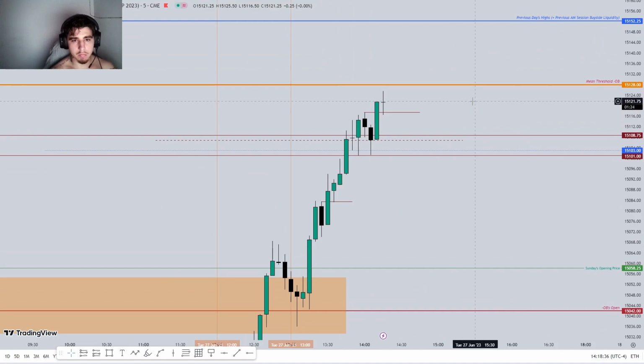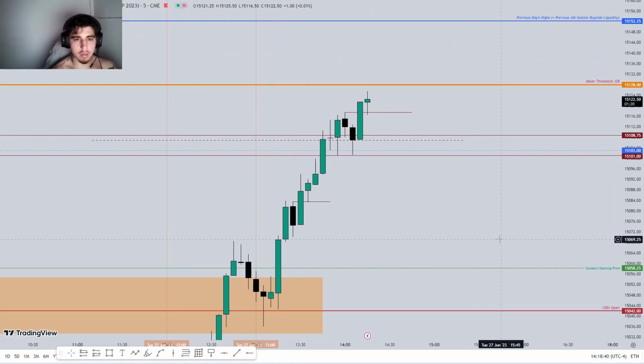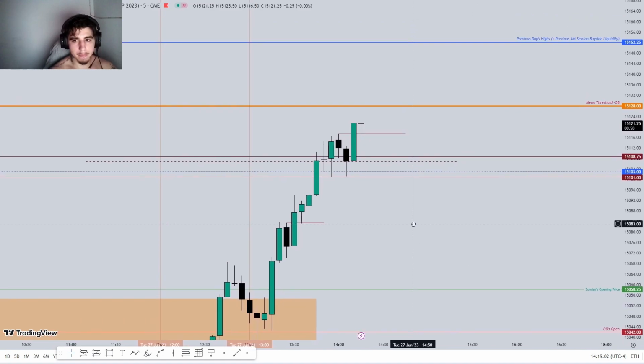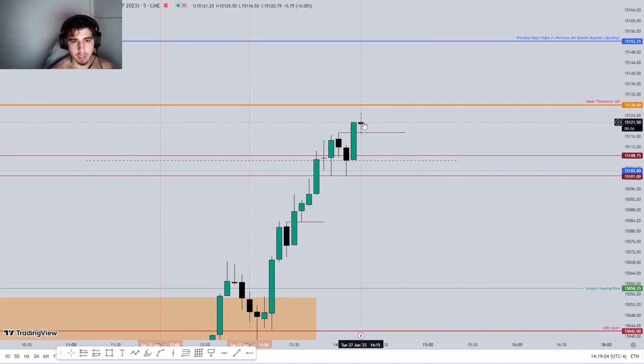We're about 6 points away from the mean threshold, and let me remind you that is a daily level, so the price has a strong magnet to it. And I believe the next candle, this candle, perhaps, if I am correct, this candle is going to be like this.